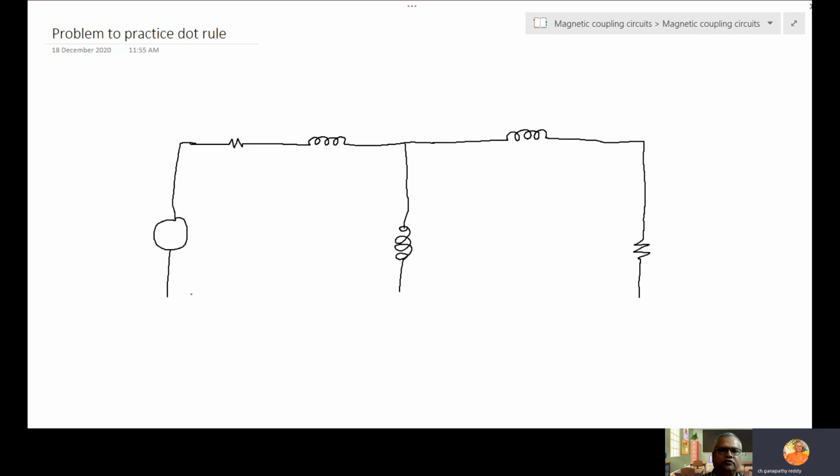This is a little bit bigger problem. When we solve a bigger one, the fear of the dot rule will go.